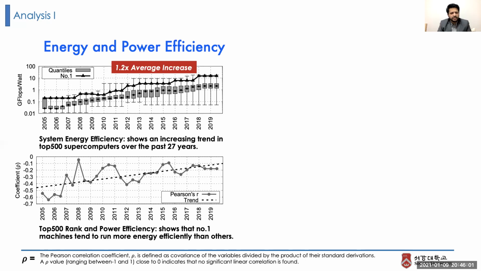We observed that a strong negative correlation exists in earlier years, that is, high performance supercomputers were less energy efficient, which is no longer the case in recent years, although no positive correlation exists. Evidently, Summit, the number one supercomputer in the Top500 in 2018 and 2019, is also ranked number two in the Green500 list for June 2019.